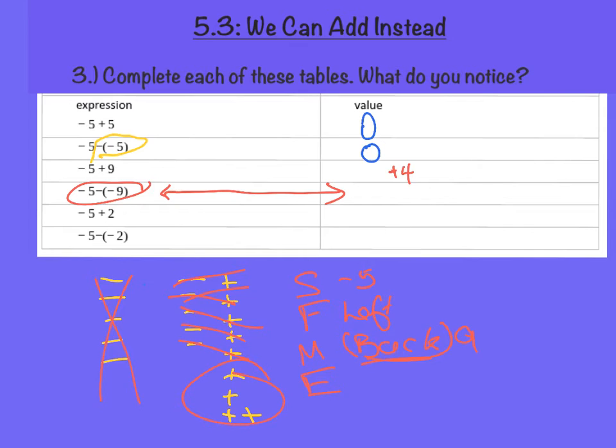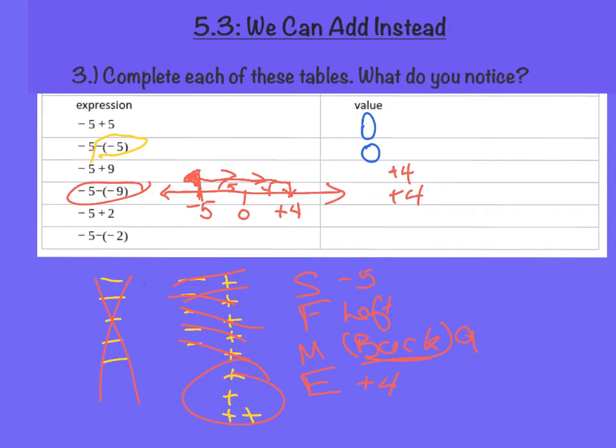So if I start at negative 5, and I'm going to face to the left, and then I'm going to move back. So I'm going to move in this direction, move back 9. Well, negative 5 to 0, that's 5 places, right? If I've moved 5 out of my 9, I still have 4 to go. So that means I'm going to end at positive 4. And look at that. That's exactly what I expected, right?